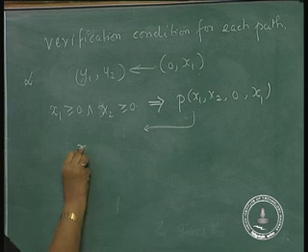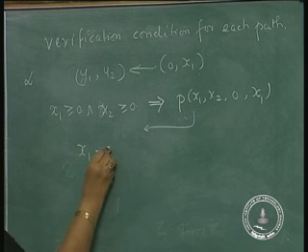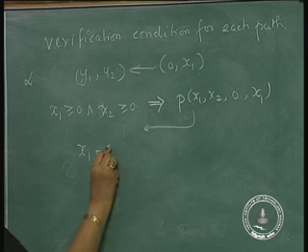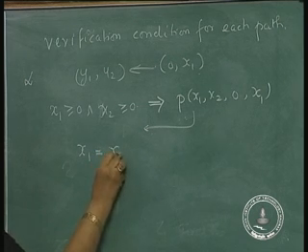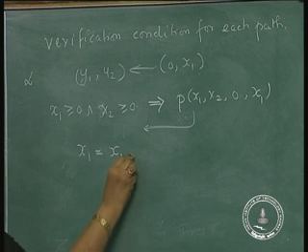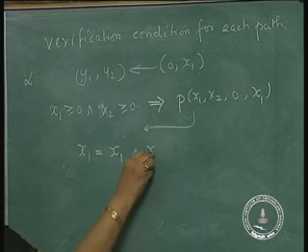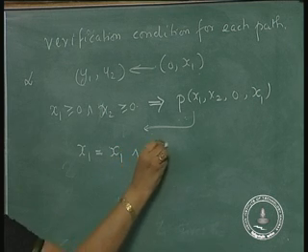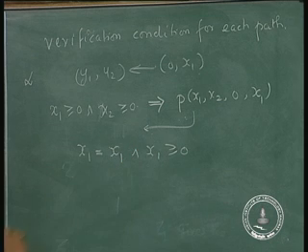It is x1 is equal to y1, which is 0. And y2 is x1. So, it becomes x1 is equal to x1, and y2, which is x1, is greater than or equal to 0.